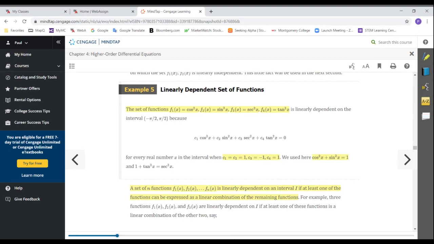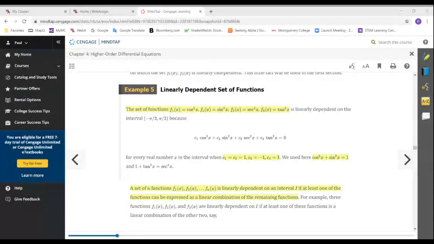A set of functions is linearly dependent if at least one of the functions can be expressed as a linear combination of the remaining functions. If one function can be written in terms of the other functions, couldn't we say there's a dependency between the functions?